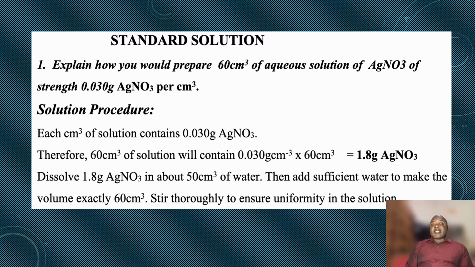Therefore, how much will 60 cm cube contain? 60 cm cube will contain 0.030 gram times 60, which will be equal to 1.8 gram of silver nitrate. That is the simple way you can do it.